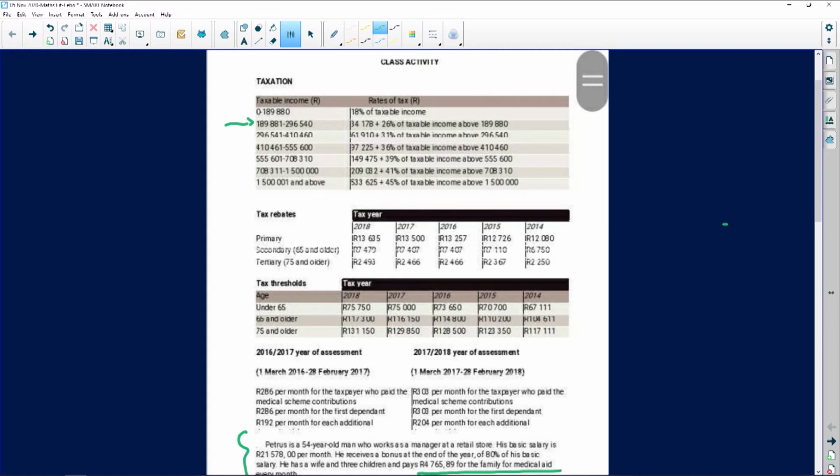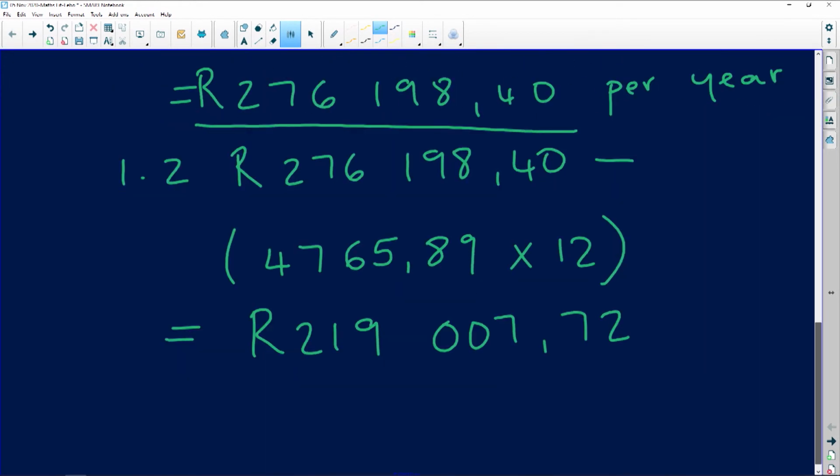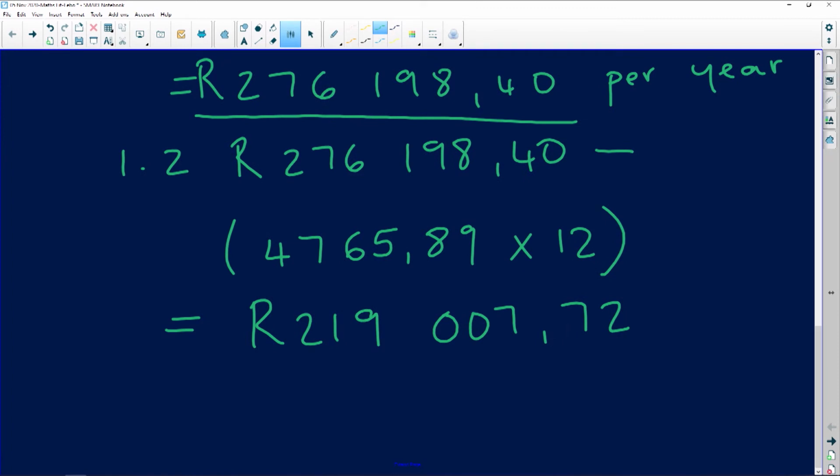Because it falls there, guys, it means we need to use this formula as it is. So I'm going to copy that formula down as it is. And it looks like it's 34,178. I'm writing it exactly as it is, guys.